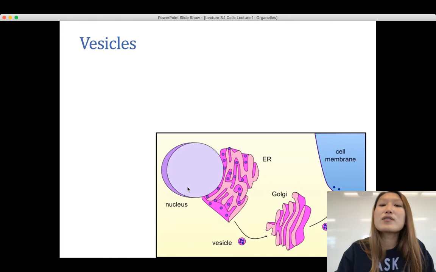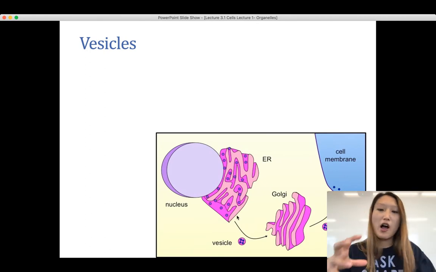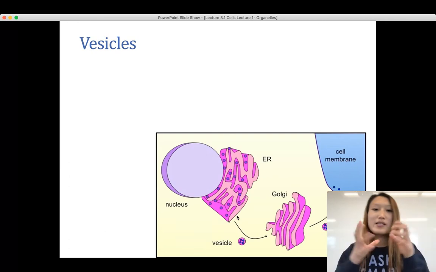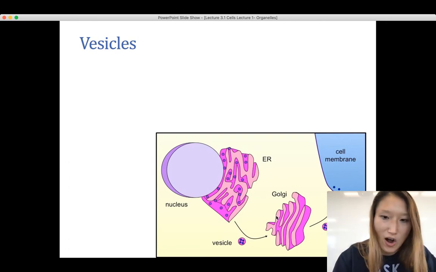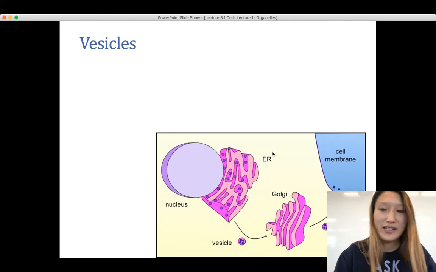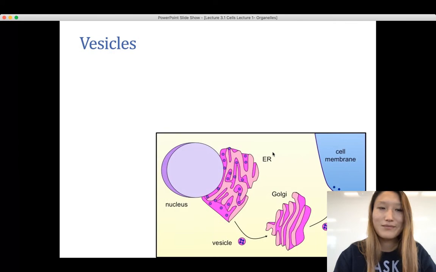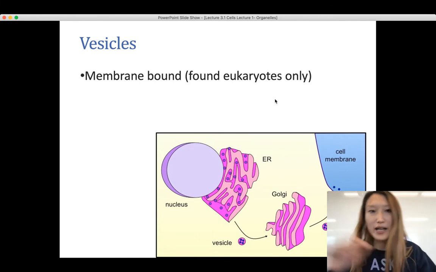All right, on to the next, we have vesicles. So vesicle, we already mentioned. Those are little membrane bubbles, often surrounding proteins coming off from the ER and going to the Golgi, or coming off from the Golgi, staying in the cell, or going out of the cell. The vesicles are also membrane bound, which means they're only found in eukaryotes, plants and animals.